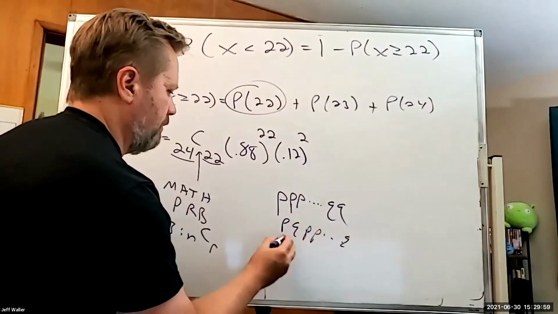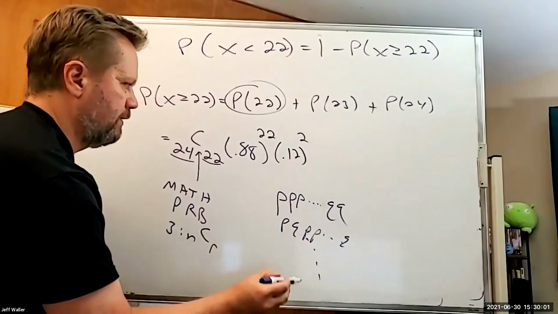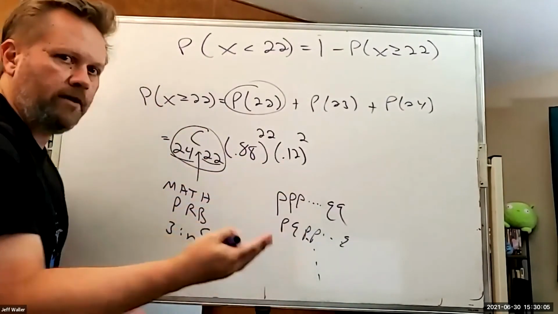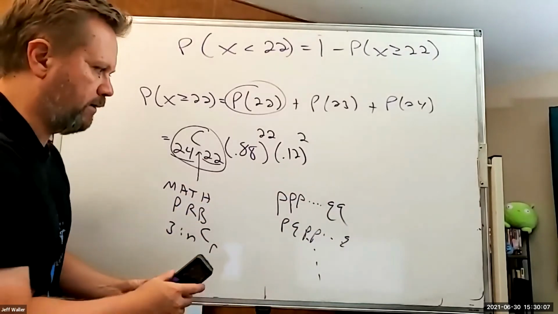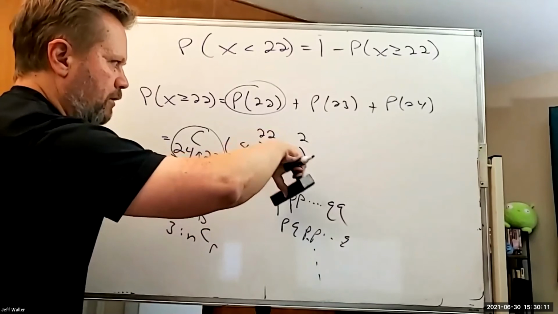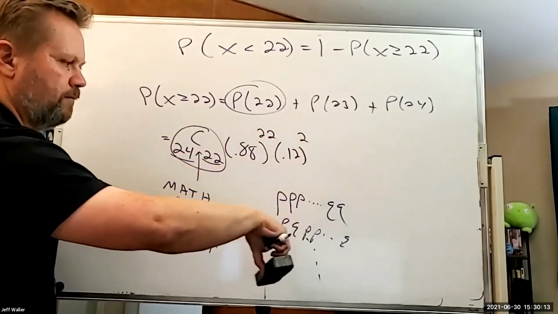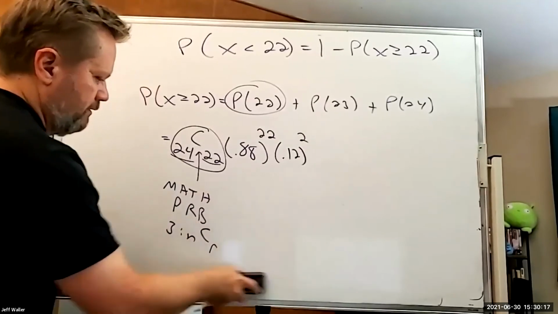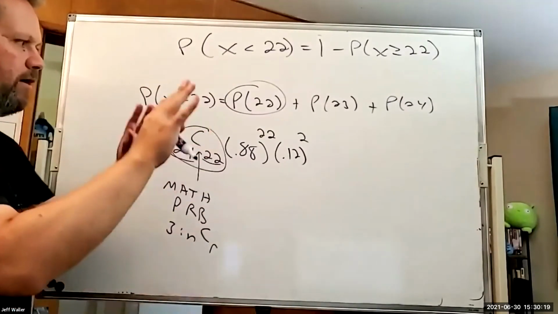This tells me how long that list would be, that's all it does. Then each one of them is p to the 22nd power, q to the 2nd power. That's sort of the 10-second version of that long lecture from before.